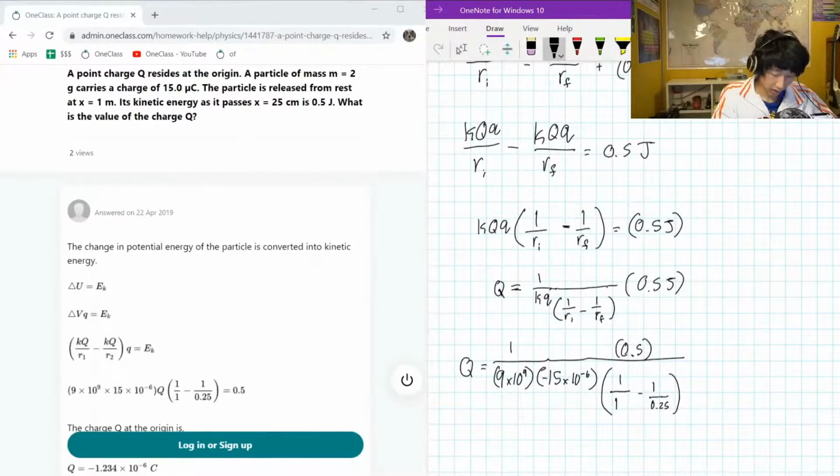So 9 times 10 to the power 9 times 15 times 10 to the power of negative 6 times 1 inverse minus 0.25 inverse, the reciprocal of that times 0.5.